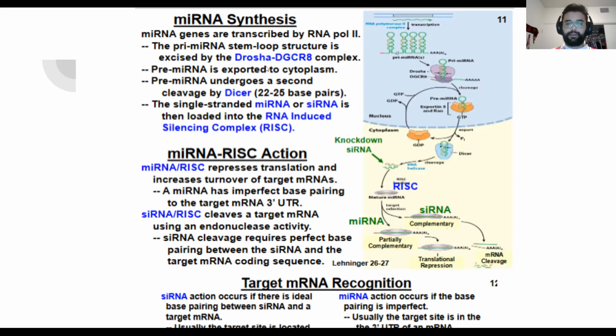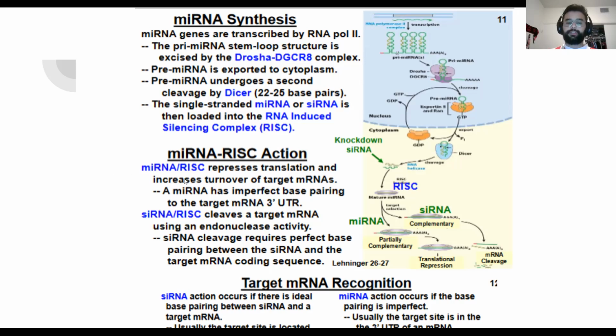Then our pre-miRNA, once it leaves to the cytoplasm, is going to be cleaved once more by Dicer. And then the single-stranded RNA is loaded into an RNA-induced silencing complex, okay? So if we have an miRNA in this case, right? Our pre-miRNA can either become an siRNA or an miRNA once it's cleaved the second time.